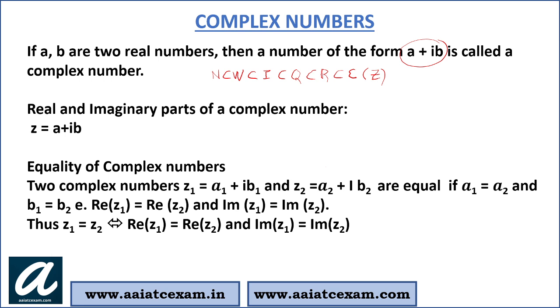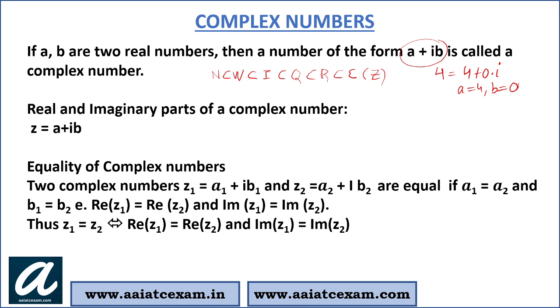So any number which can be expressed in the form of a plus iota b is called a complex number. Consider I am writing 4. So I can write 4 equal to 4 plus 0 into iota. So here a is 4 and b is 0.